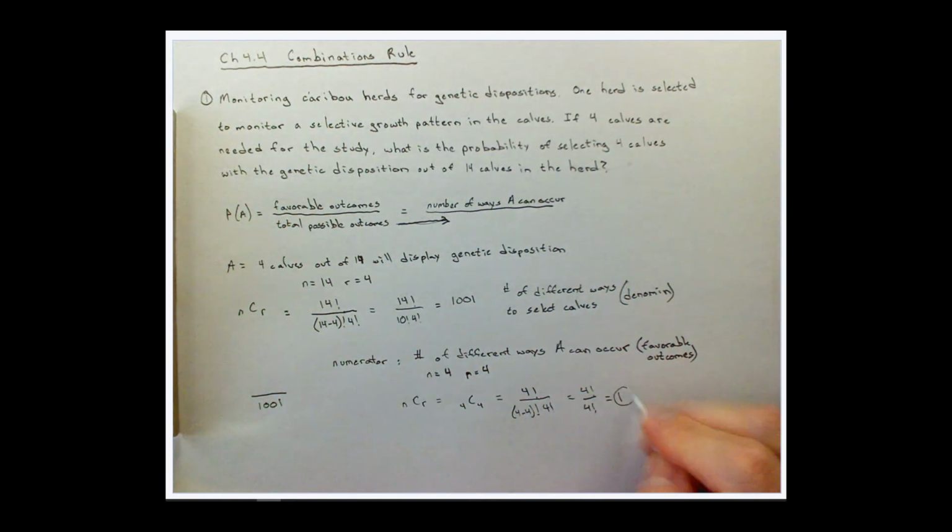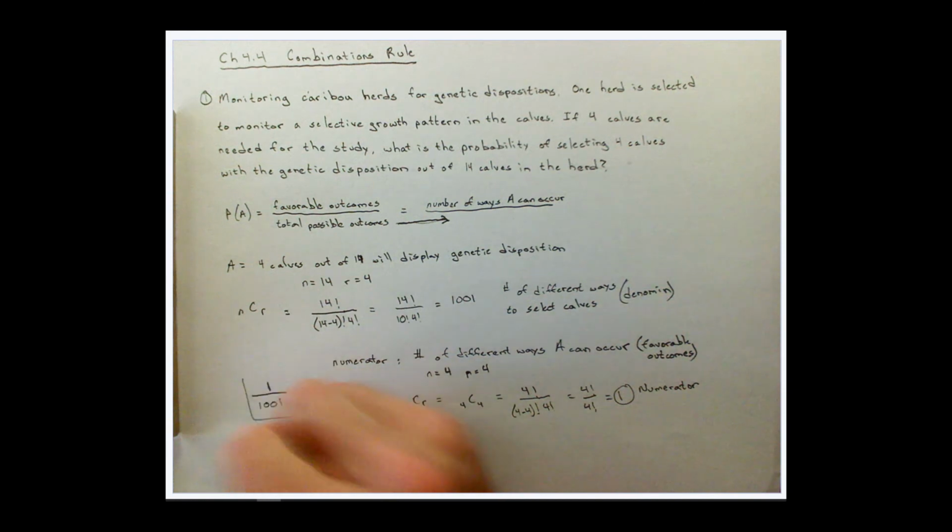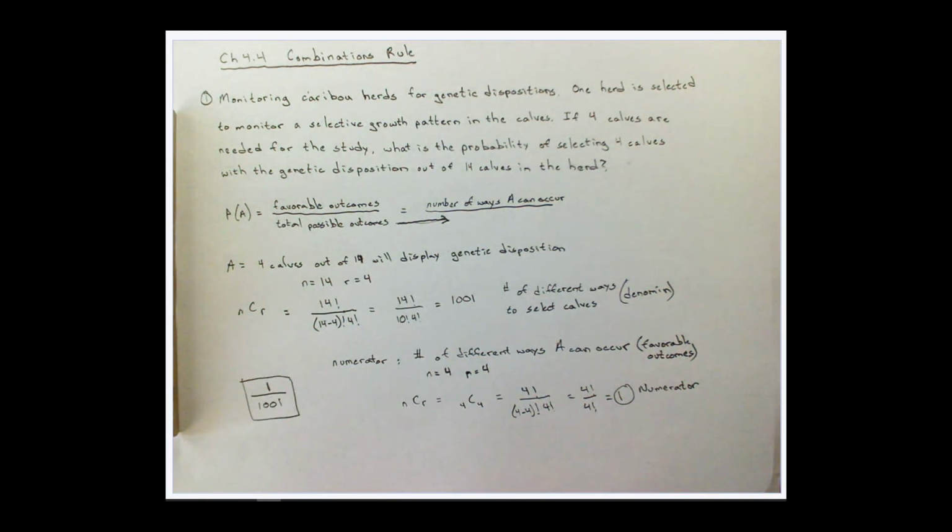That is my numerator. That is my combination. That is my probability of selecting 4 calves displaying the genetic disposition from the 14 calves that are in the herd.